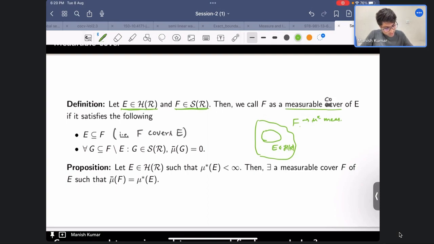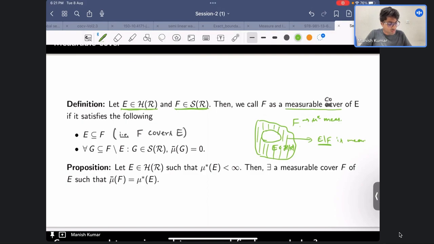The second thing is this space, which is F minus E. It says that for any measurable subset G contained in this one, such that G is measurable, the measure of G should be 0. Roughly, suppose in the best possible case that F minus E is measurable; that means the measure of F minus E is 0.